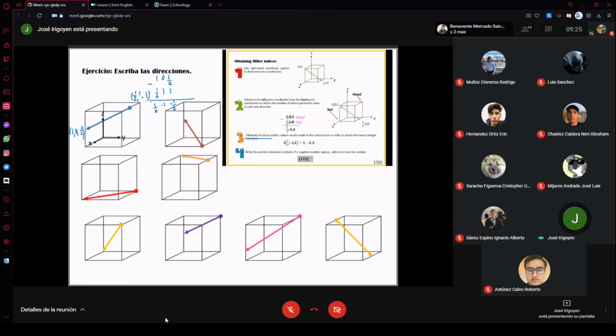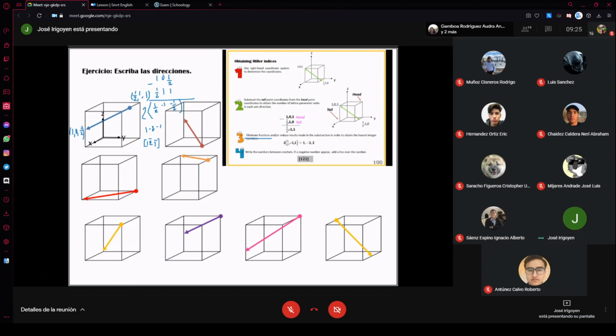So the thing that we usually do is to multiply these by 2. So you're going to obtain 1, minus 2, and minus 1 again. So at the end, the Miller index is going to be 1, negative 2 and negative 1, right?